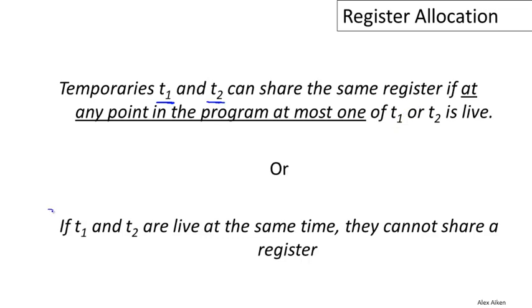The more concise way of saying it is that if T1 and T2 are live at the same time, meaning there's some program point where both are live, then they cannot share a register. All right, so this is the negative form of the statement. And it just tells you that if you need two values at the same moment in time, then they have to be in separate registers.